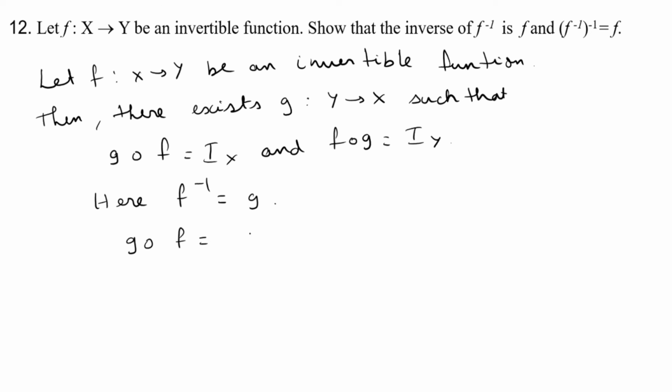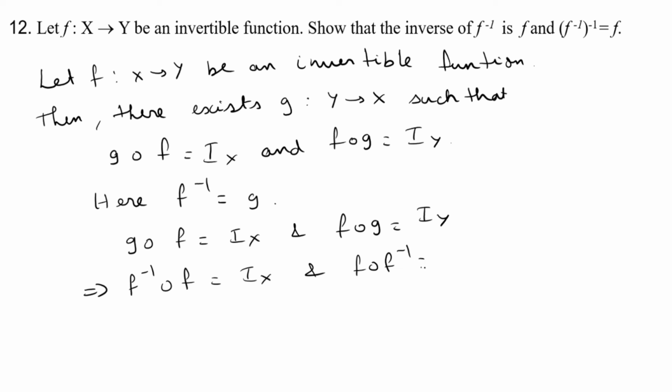Now g of f equal to Ix and f of g equal to Iy means g is nothing but f inverse. So f inverse of f is equal to Ix and f of f inverse equal to Iy.